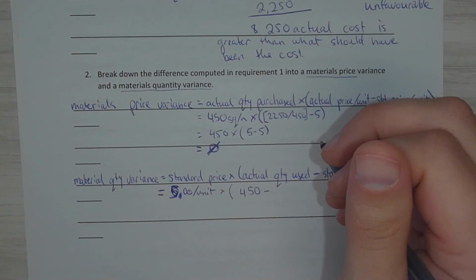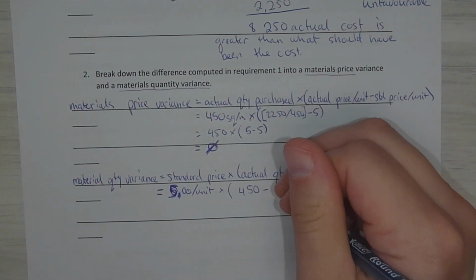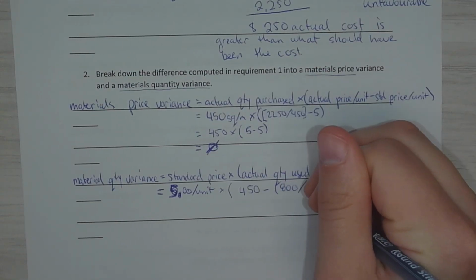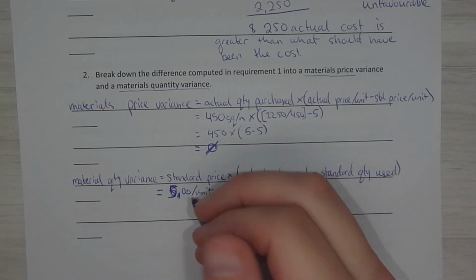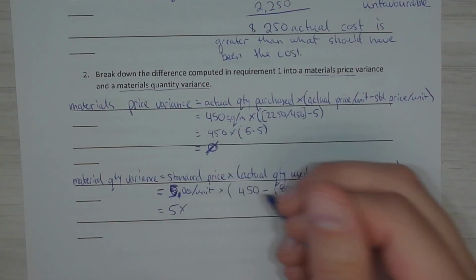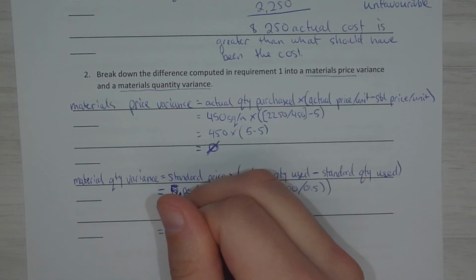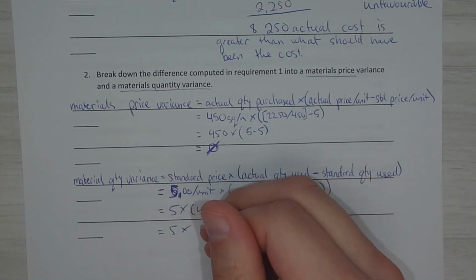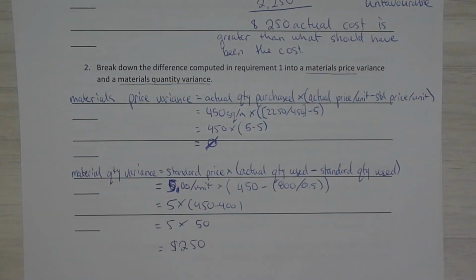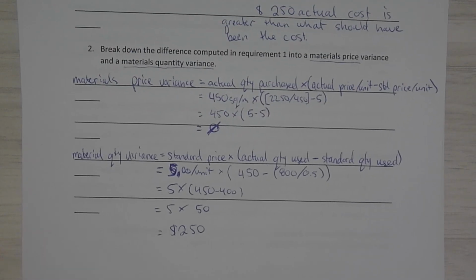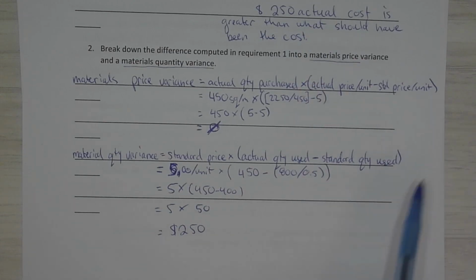For 800 birdhouses, we're supposed to use half per birdhouse, so we get 400. So what we have is 5 times 450 minus 400, 5 times 50, or a $250 variance, which is exactly what our cost overrun was.